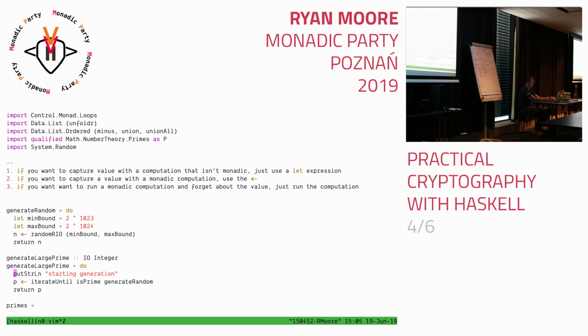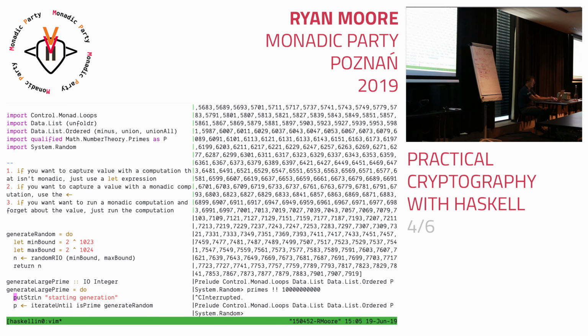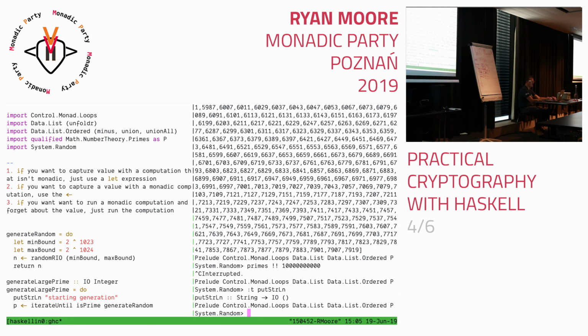And the reason for that is if we go over here, we can see that put string line takes a string and returns an IO of unit, which is essentially the empty value. So if we did capture something here, we could do it with value pattern matching because it's always going to be the same thing.